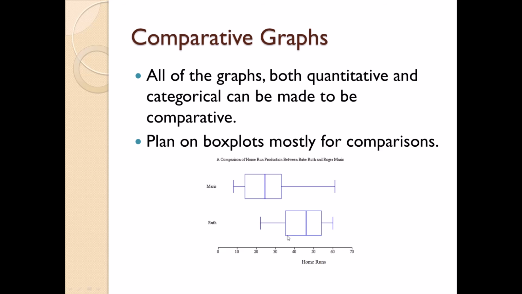So 75% of Ruth's best years occur right at or above 75% of Maris's worst years. So Ruth is a better home run hitter. That was the point. So that's the kind of method to go about analyzing a comparison between two box plots, is to use how these things are broken down into quartiles to draw comparisons. So there we go.